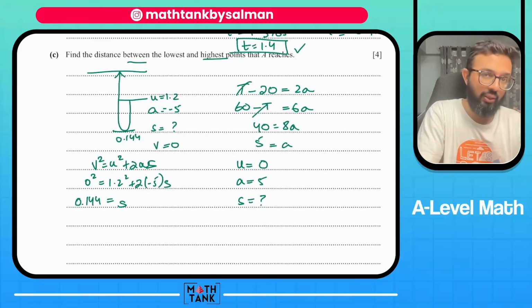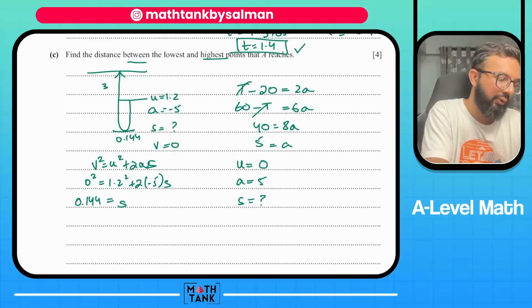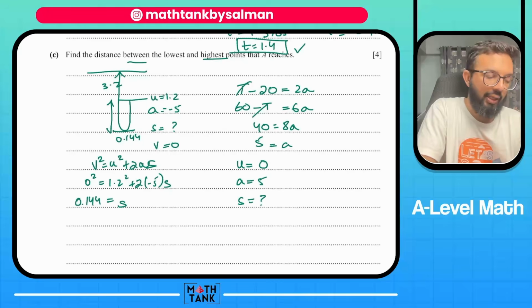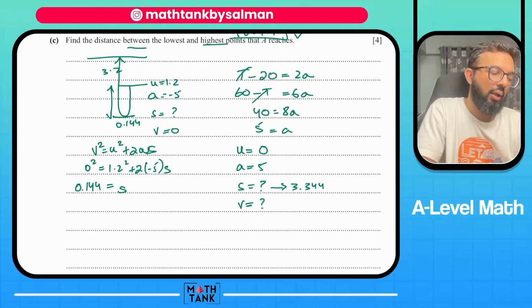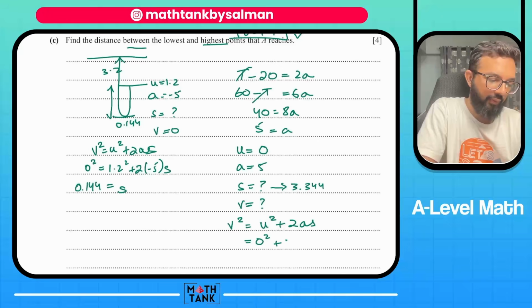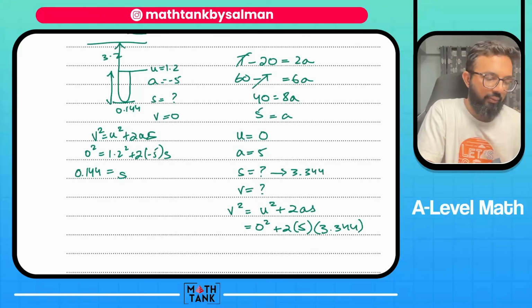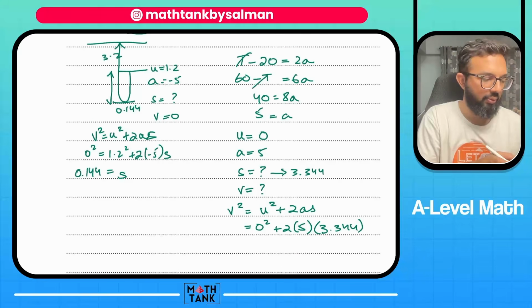I know how high it's going to go because B has to hit the ground. So this is going to be 3.2 and this is going to be 0.144. So s is going to be a total of 3.344, I think. And then I don't know what v has to be. That is what I really need to find. So I'm going to say v squared equals u squared plus 2as. Let's see if I am able to find out.